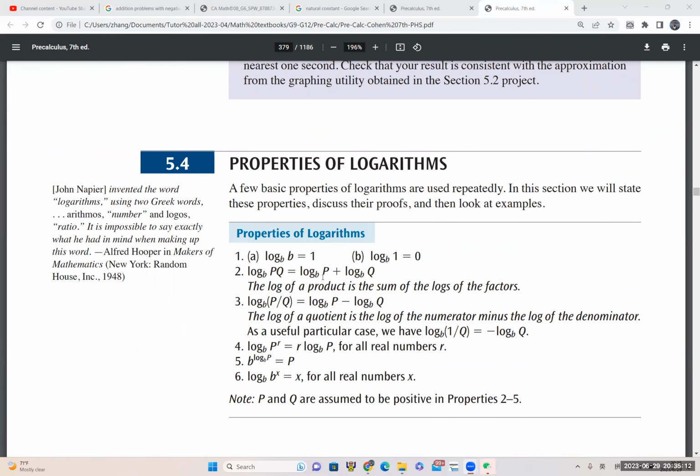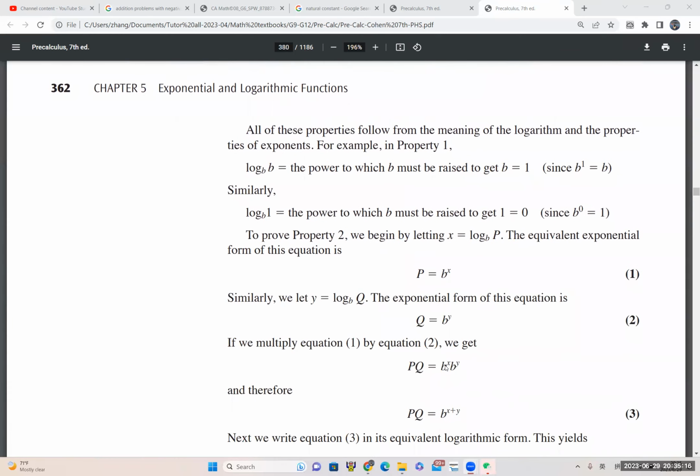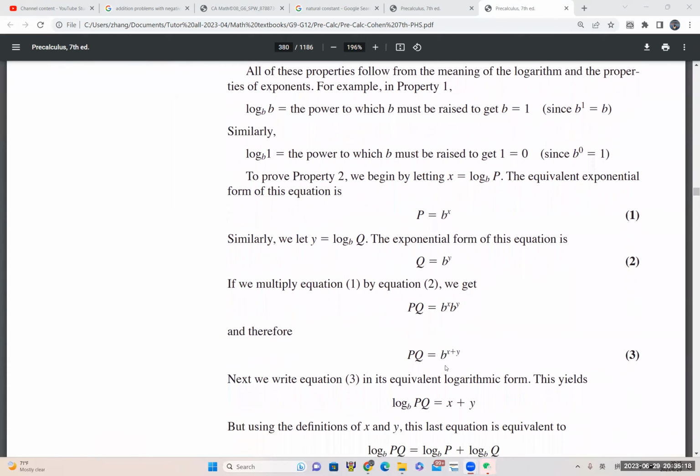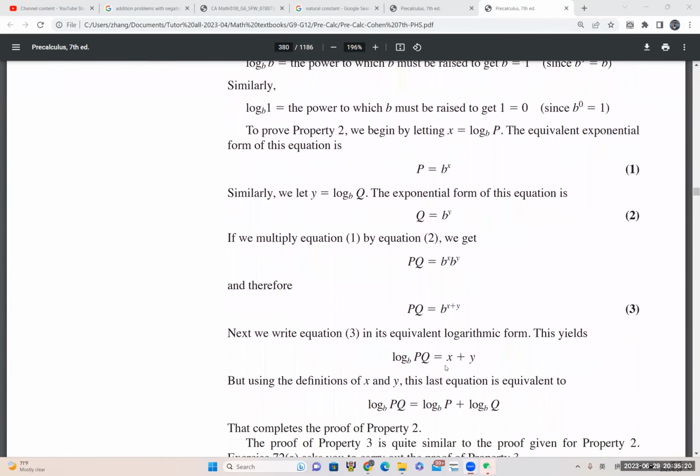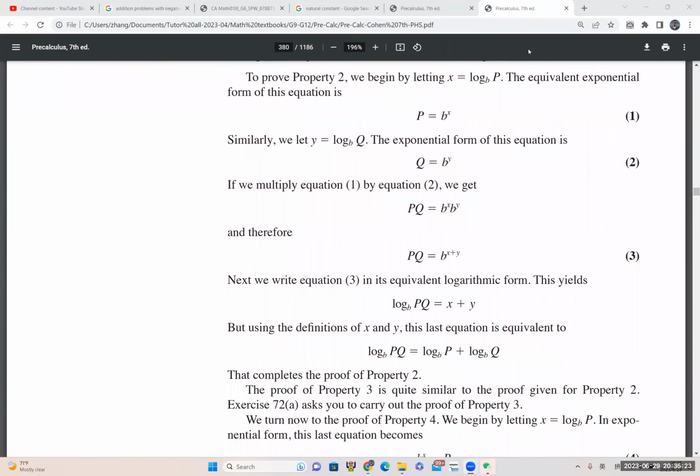We call this X, we call this B. Starting from here, this we call X, this we call Y, right? Then P multiply Q gets this. Then per the definition, we have B equal to this.